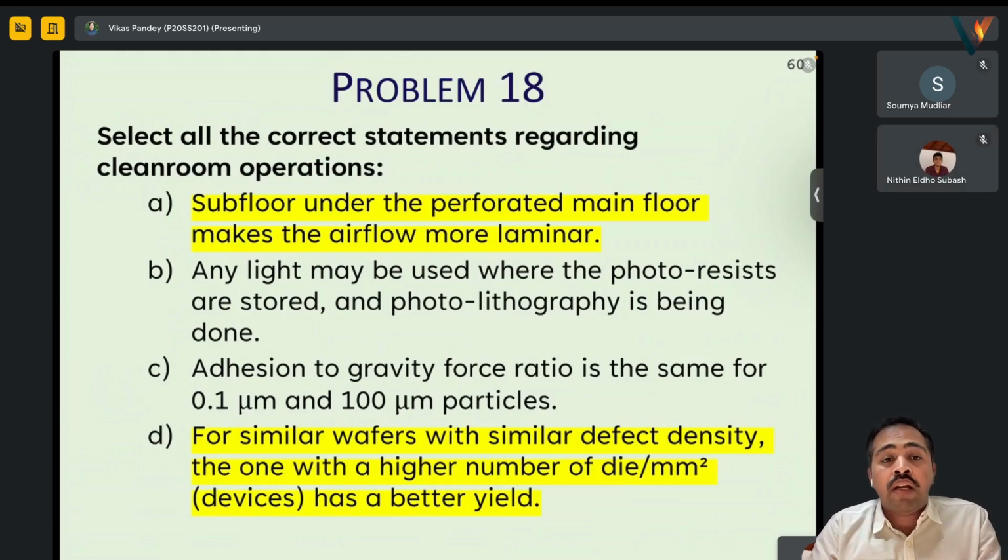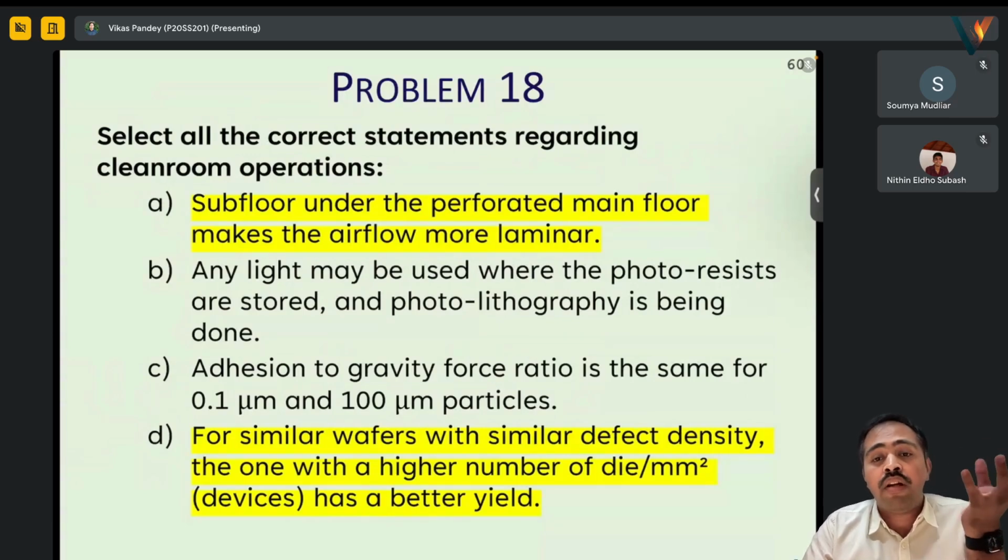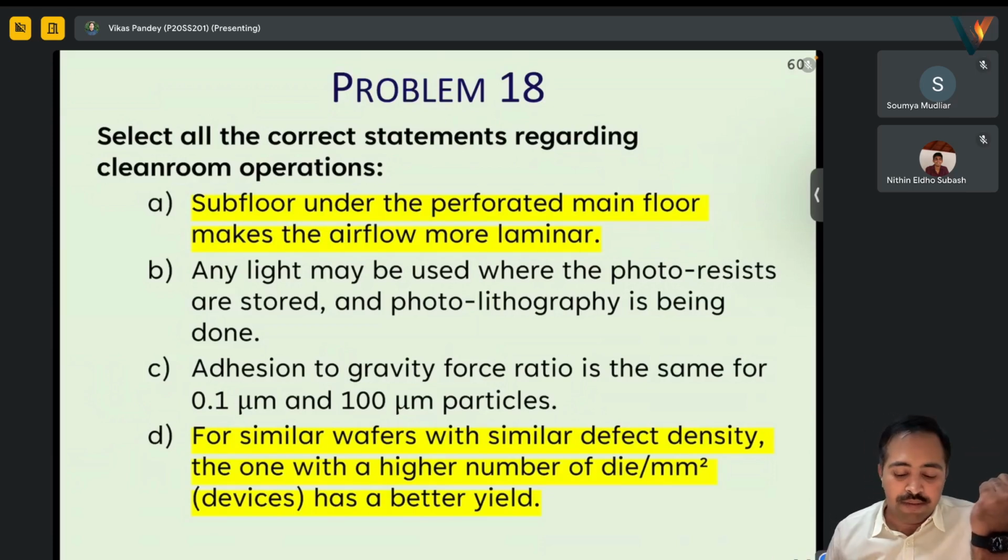For similar wafers with similar defect density, if we have a higher number of die per millimeter square, it has a better yield, because we will get less contamination in this case.